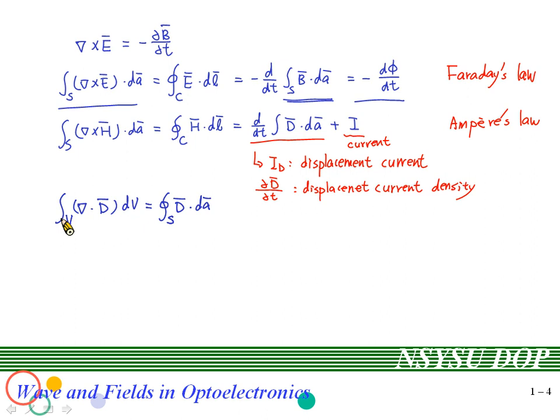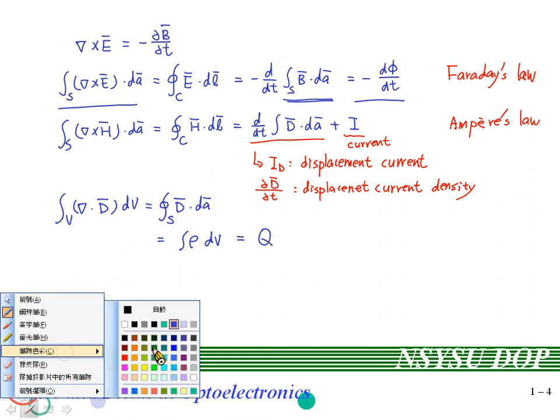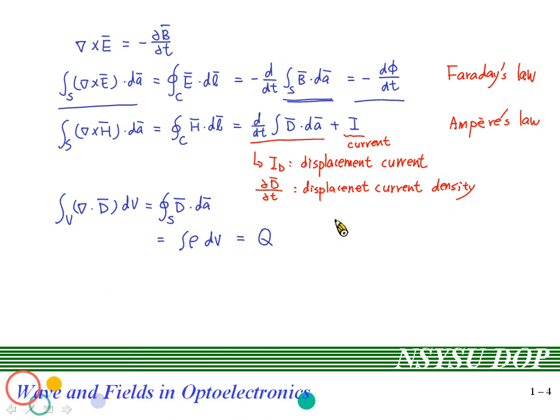And on the right-hand side, it will be the volume integral of rho dV, and this will be the total charge in the volume. And we call this equation Gauss's law for E.